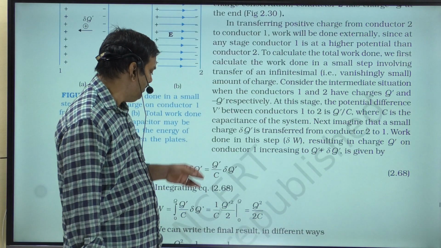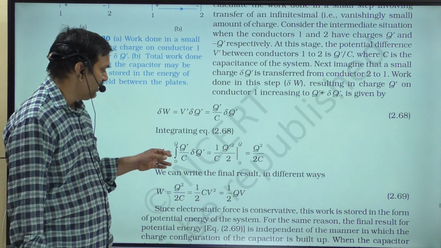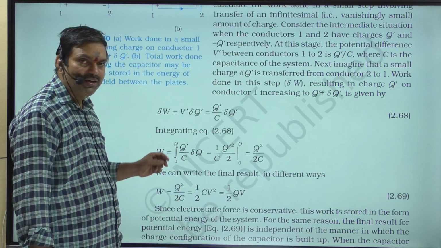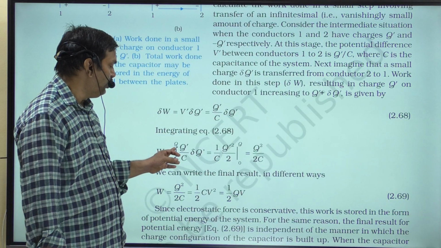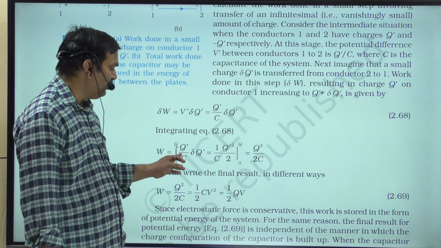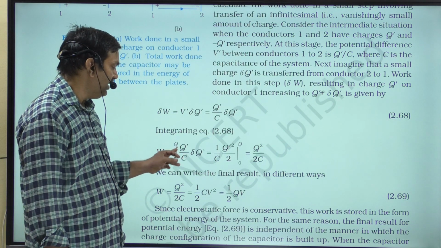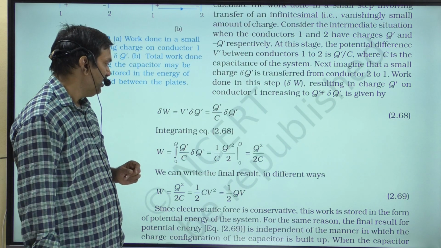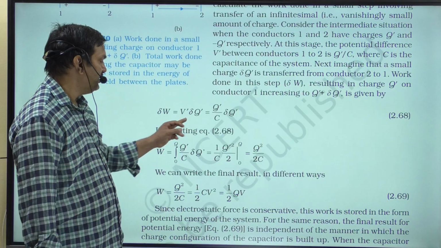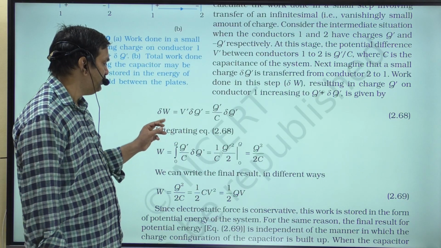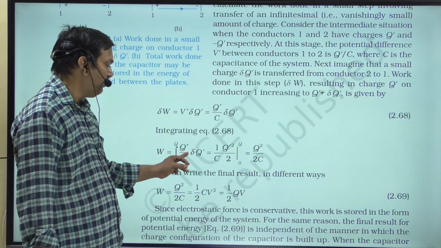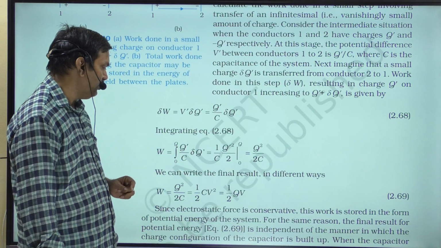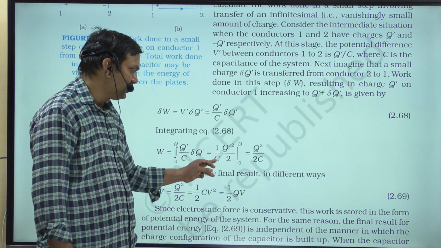So that work is carried out as, because V is equal to Q by C, Q is equal to CV, or W is equal to integral of V dW, so that is your Q dash by C. As I told you, W is equal to VQ, delta W becomes V dash into delta Q dash. When I apply here Q dash by C into delta Q, I get 1 by C as constant.